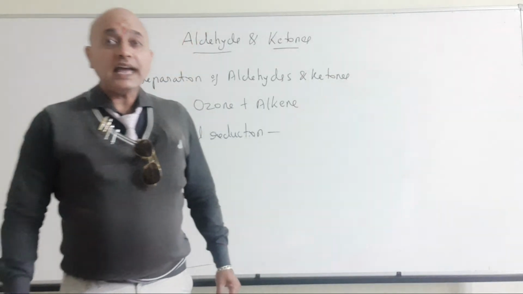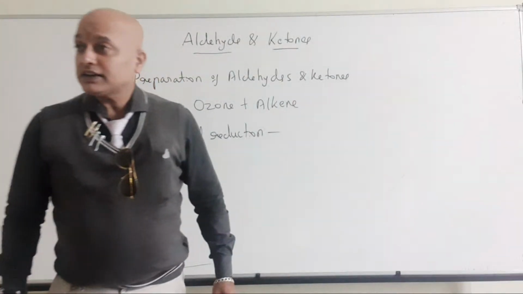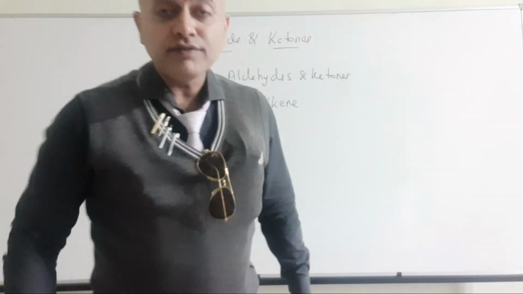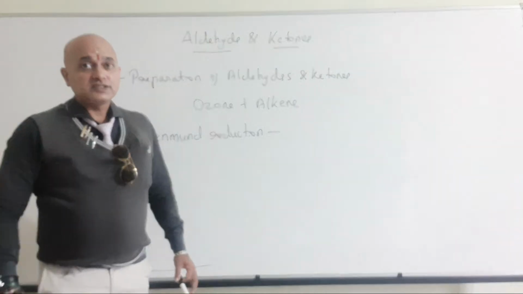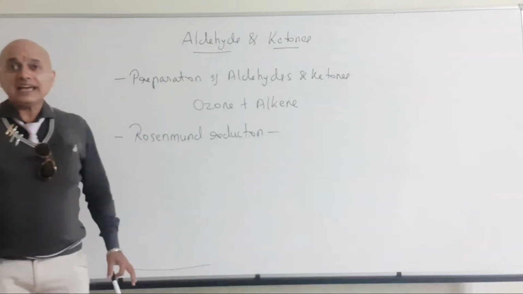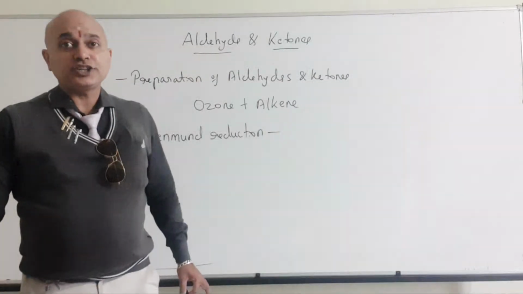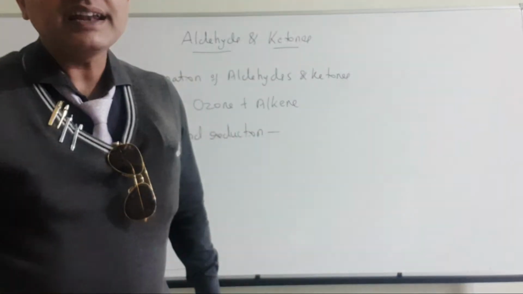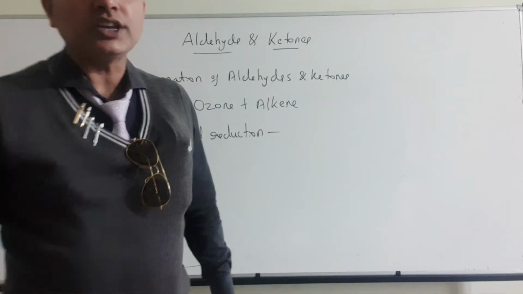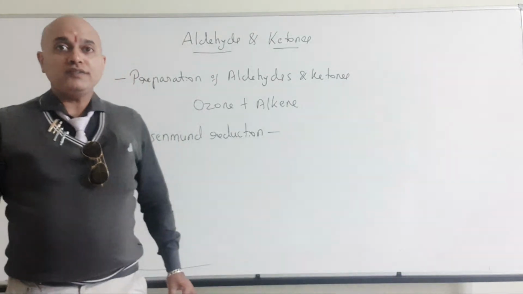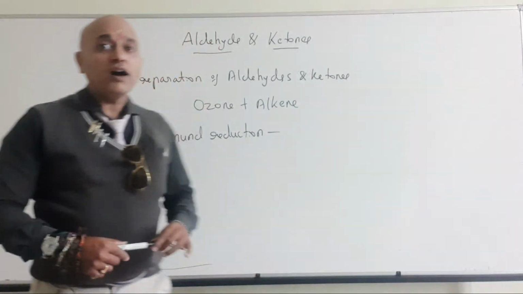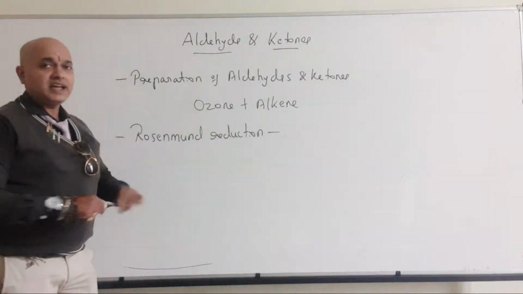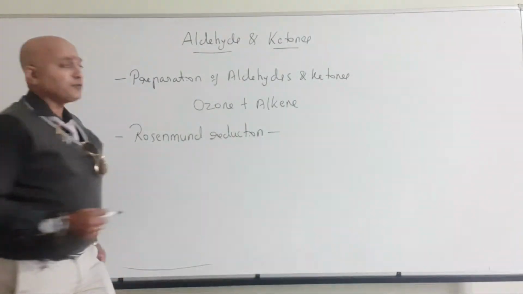Because reduction can be by addition of electrons, by removal of oxygen, or by addition of hydrogen. Any of these can be considered reduction. In the Rosenmund reduction reaction, which one are we following? Yes, adding of hydrogen. Very good, adding of hydrogen.